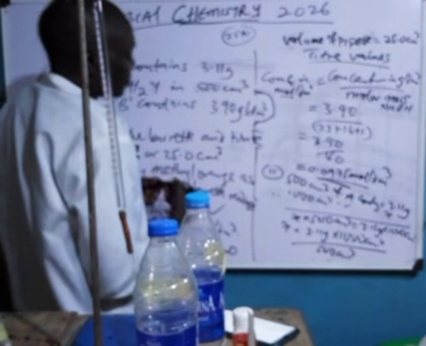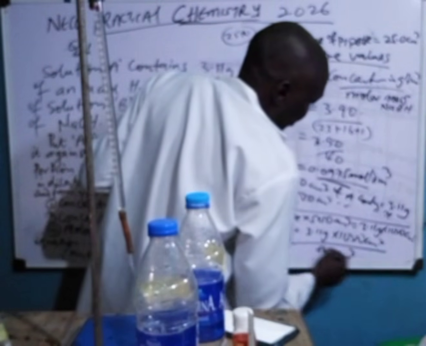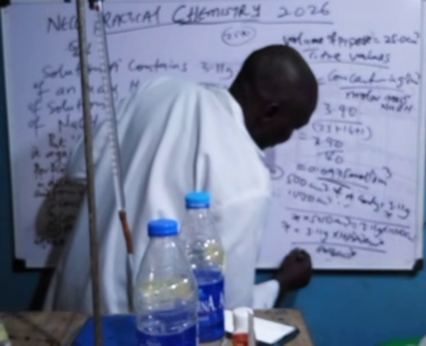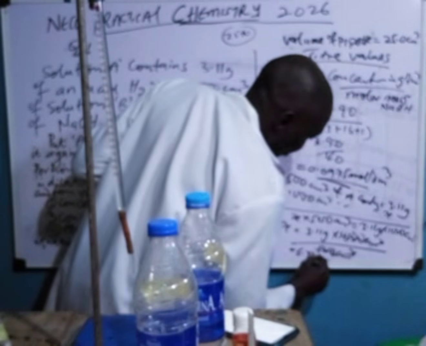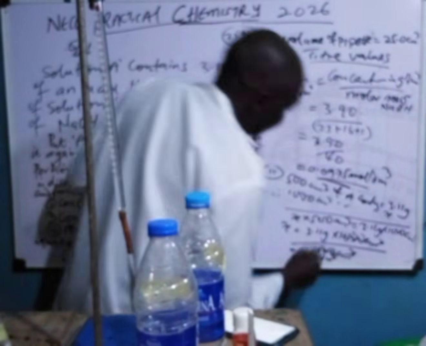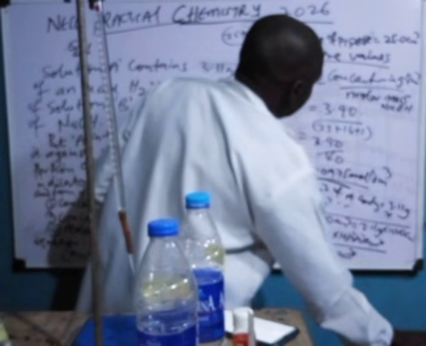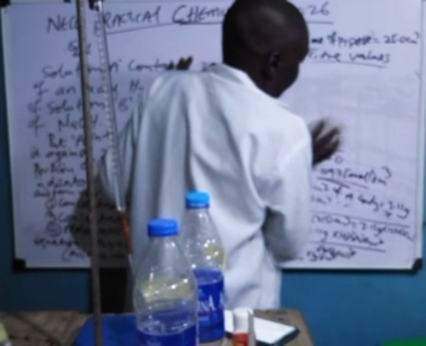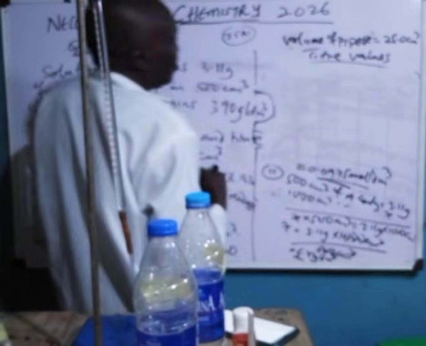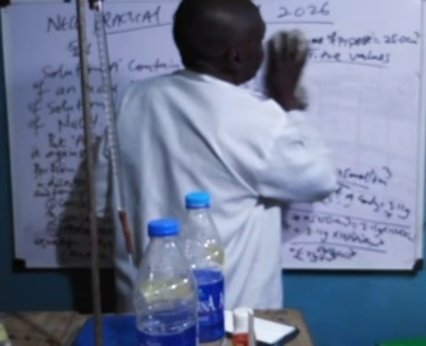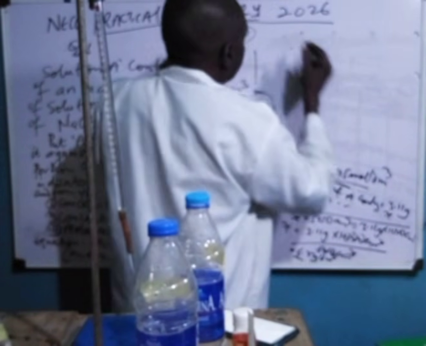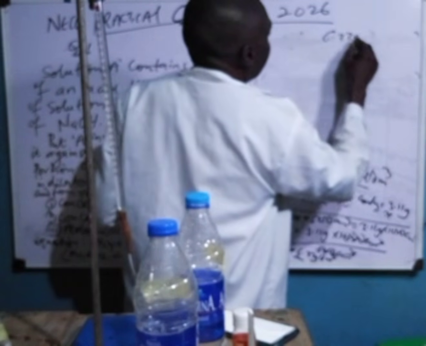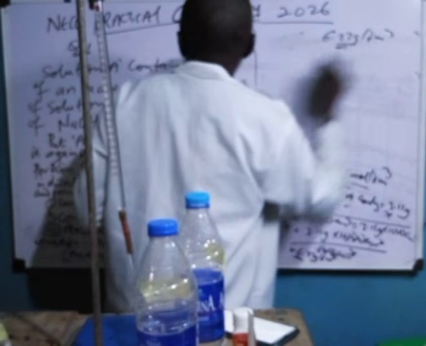You see it? So 500 goes into 1,000 two times, so 2 times 3.11, that's 6.22 gram per dm³, because it's not a standard solution. So we have 6.22 gram per dm³. Let's delete this one, retaining our answer. 6.22 gram per dm³ is what we have for now.